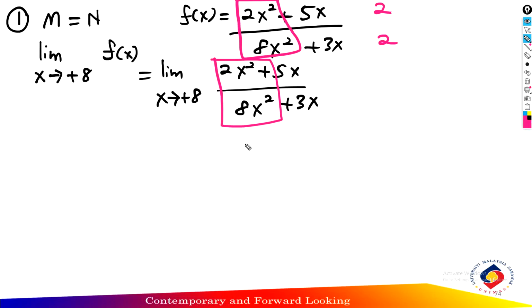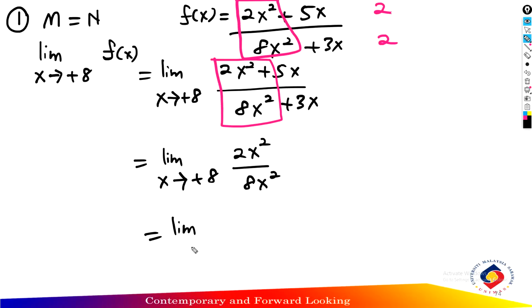Then the limit as x approaches positive infinity of 2x squared over 8x squared, and here you cancel, which equals the limit of 2 over 8 as x approaches positive infinity.